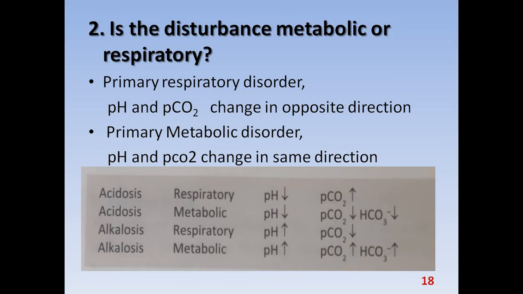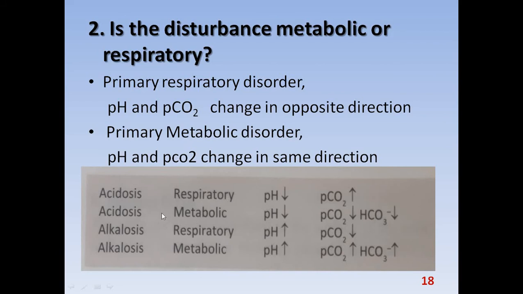Let's see the table. The first one is acidosis, and due to respiratory cause, the pH is decreased, but PCO2 is increased. In case of respiratory acidosis. Now the second one is metabolic acidosis.